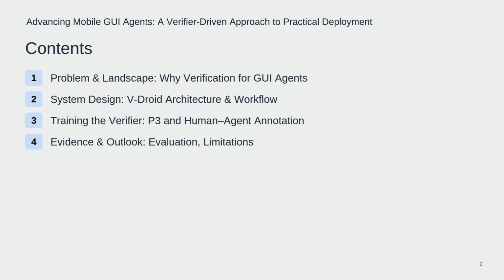Then I'll dive into how they train the verifier model, introducing a method called P3, pairwise process preference training, and a human-agent joint annotation strategy to gather training data at scale. Finally, I'll show evidence from evaluation of how ViDroid performs on benchmark tasks and discuss some limitations and future outlook.